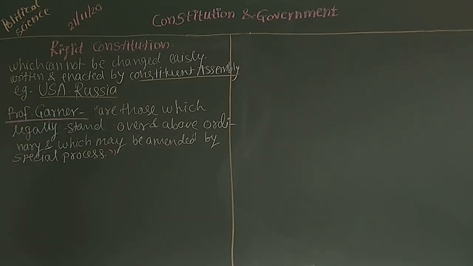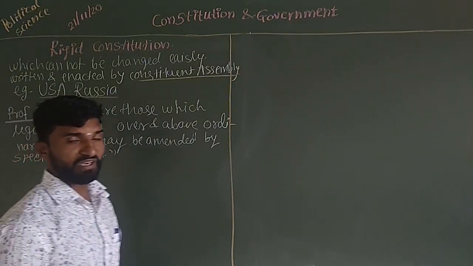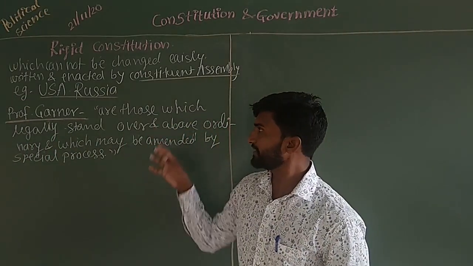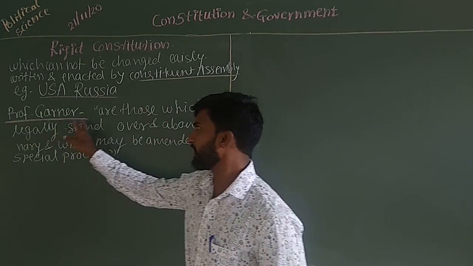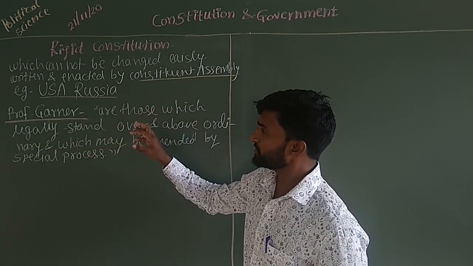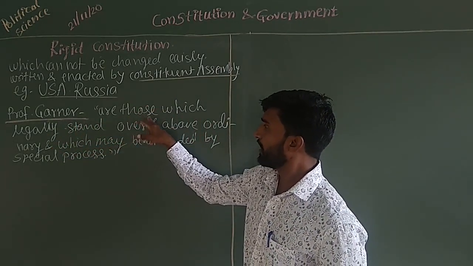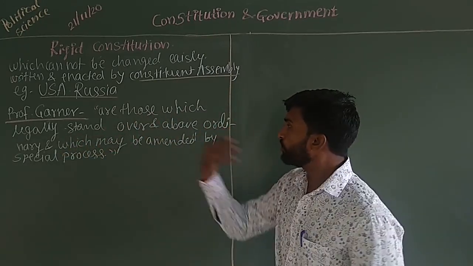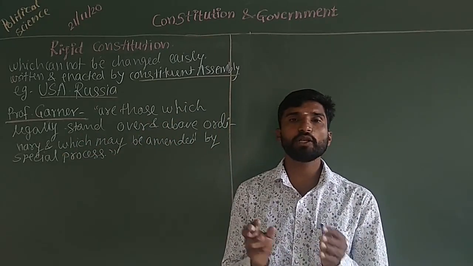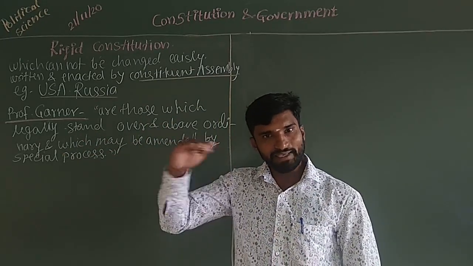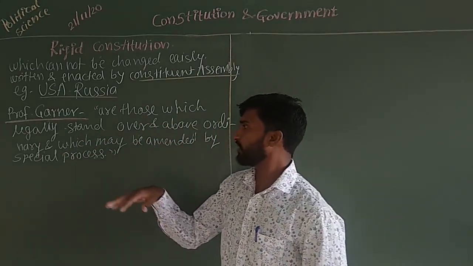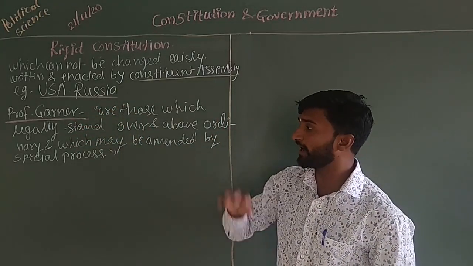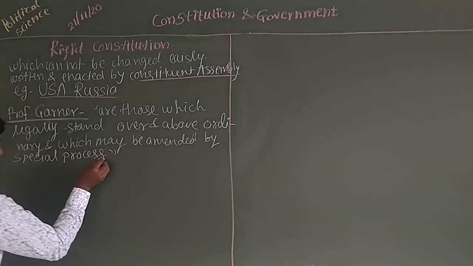So the main question comes: what do you mean by rigid constitution, and write its features. So these things you have to write. Professor Dicey has told, rigid constitutions are those which legally stand over and above ordinary law, that is called a rigid constitution, and which may be amended by a special process.